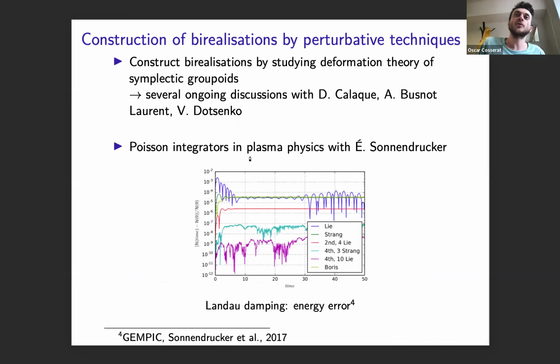So I spoke about some perspective in solid mechanics, but there are also Hamiltonian equations that are interesting in plasma physics, for the Vlasov-Maxwell equation. We try to see how to implement those numerics there.